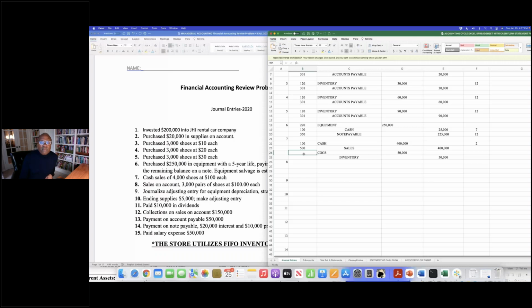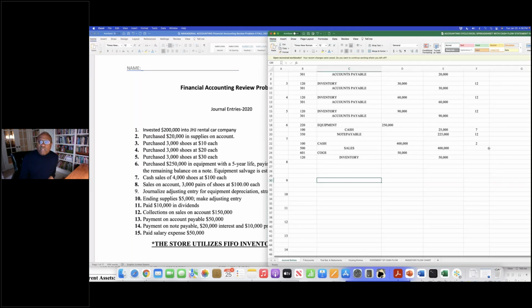What's our account number for COGS? 601. Okay, so when we make the sale on account of 3,000 pairs at 100, this is a 2.